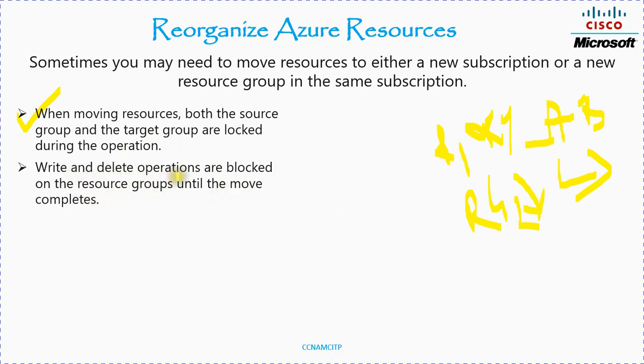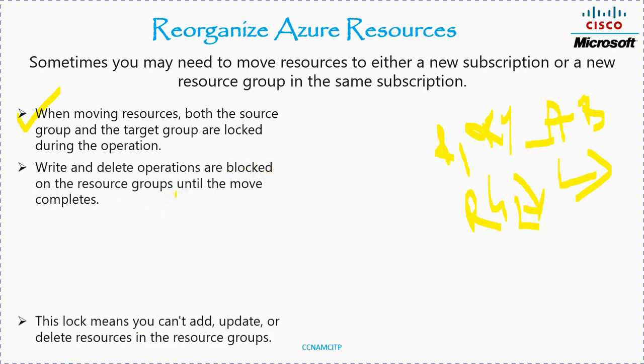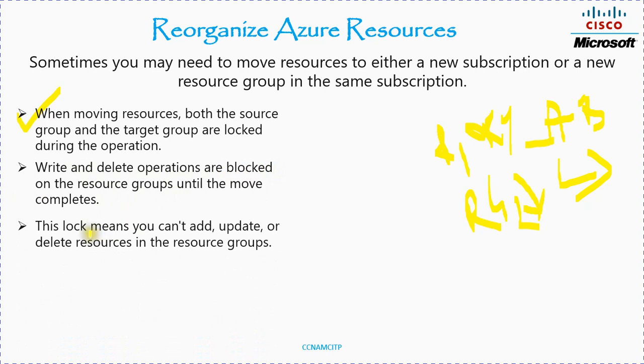So write and delete operations cannot be performed during this operation. Next, this lock means you cannot add, update or delete resources in the resource group during this operation. Fourth, locks don't mean that resources are not available. So these points are very important.